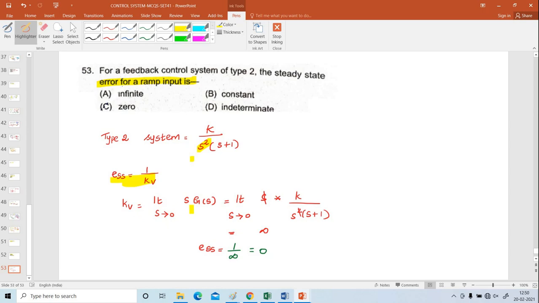Limit s tends to 0, s into G of s, that is limit s tends to 0, s into k divided by s square into (s plus 1). S cancels and we get k divided by s into (s plus 1). Put 0 here. What will we get? K by 0, that is infinite. And what is ESS? ESS is the inverse of Kv, 1 by infinite, that is equal to 0, which is the correct answer.